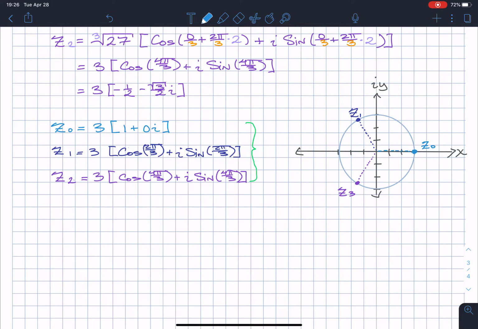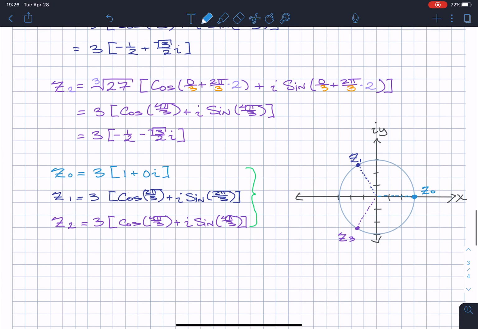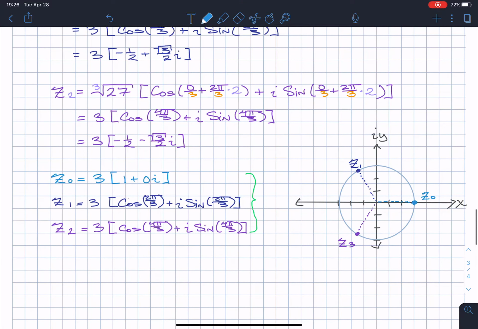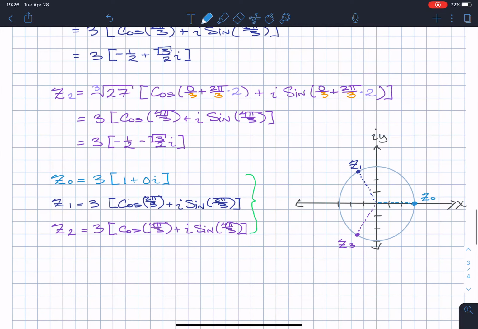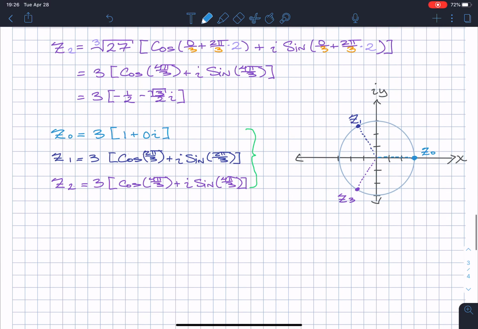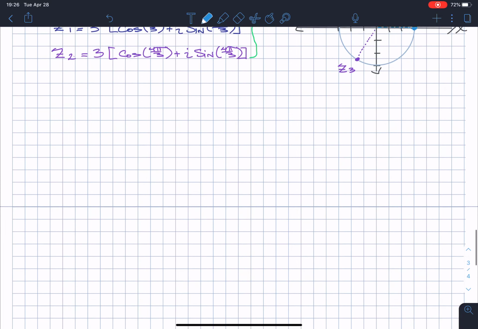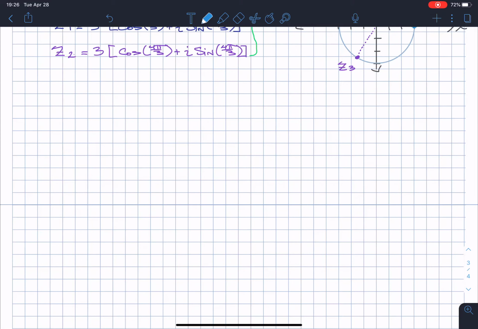So that's interesting to note. There's 3 roots, and we're dividing the circle into 3 parts. We should get 120 degrees. Okay, so now let's consider another. This is a long process, I know.